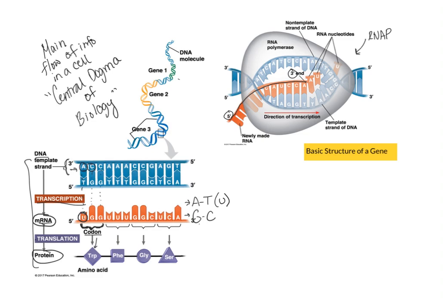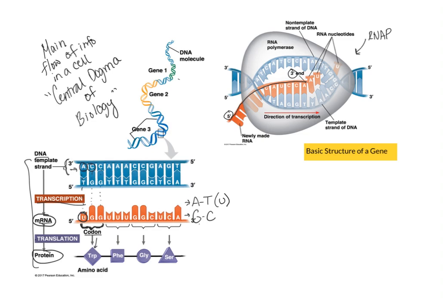Okay. So let's talk a little bit about the basic structure of a gene, mainly because as we get more in depth into transcription, and later in this unit when we talk about gene expression, in other words, when a gene is transcribed and translated, we see that gene is being expressed. We're going to talk about how that process is regulated.